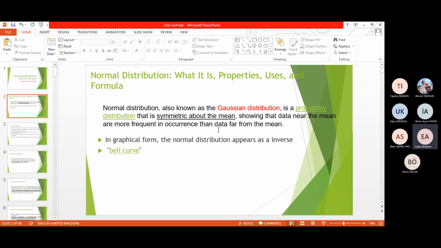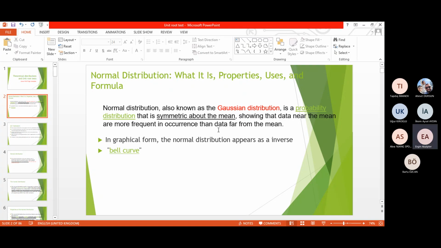The main concept and the learning outcome here is to understand the reason for these distributions, the so-called inverse bell-shaped figures, these standard deviations, and their impact on the unit root and the test that we are using in the regression analysis.